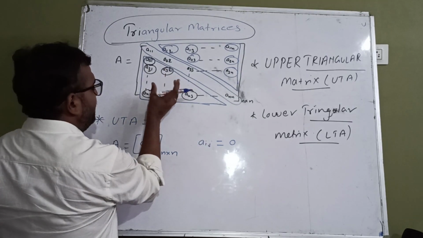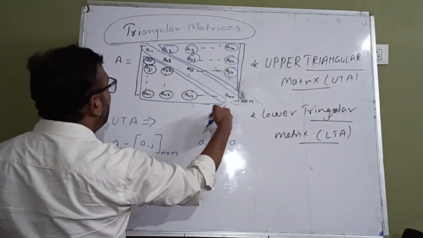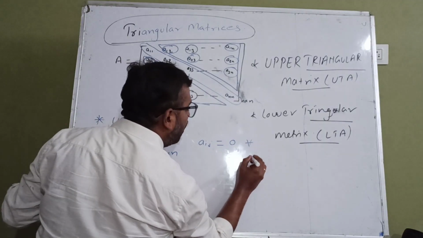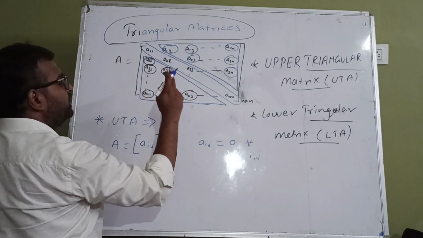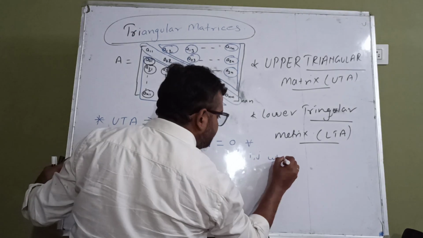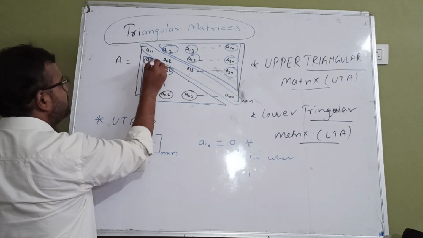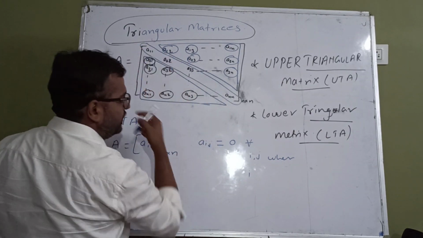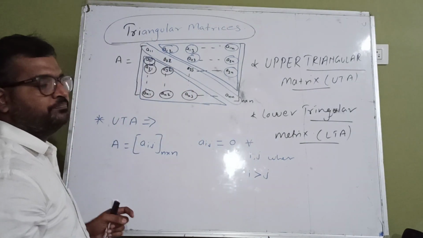So what is the specific condition here? In all these zeros, we can say aij equals 0 for all i, j, where i is the row position and j is the column position. If you observe the pattern here, we can say i must be greater than j.